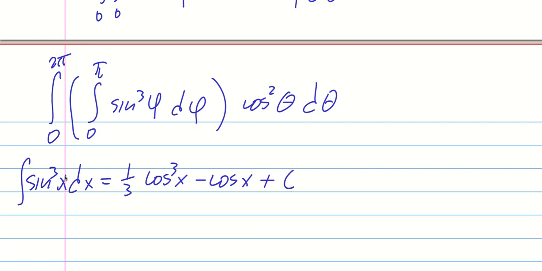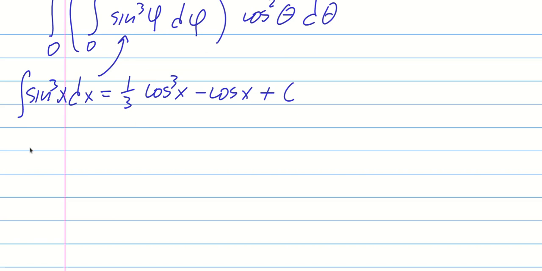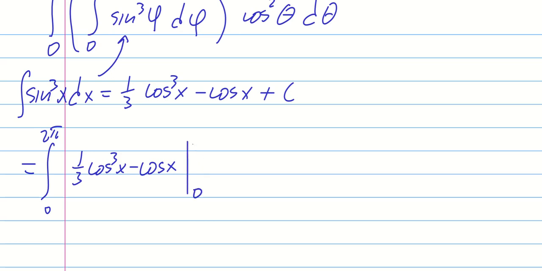We've done the sine squared this semester, but I looked up this one. We're going to get the integral from 0 to 2 pi of 1/3 cosine cubed of x minus cosine of x evaluated from 0 to pi, and we have cosine squared of theta d theta.